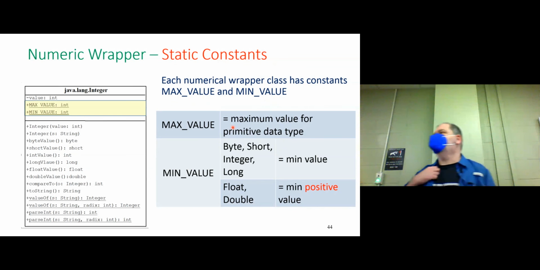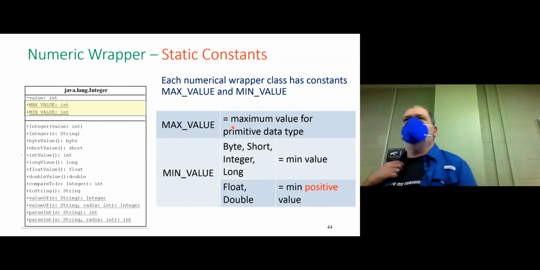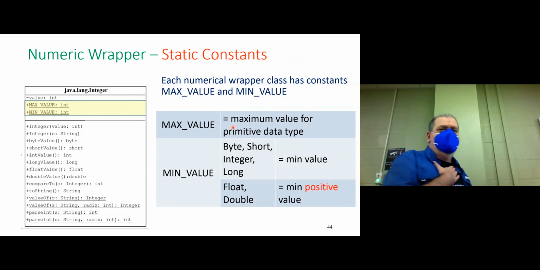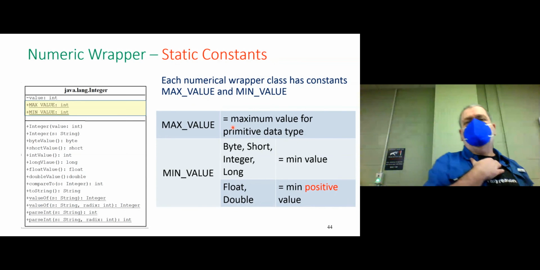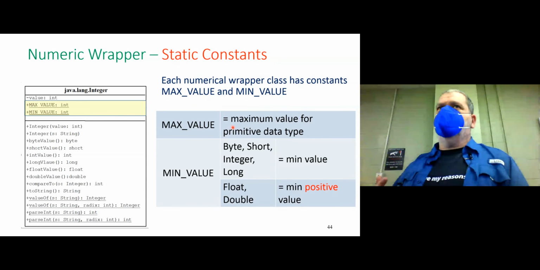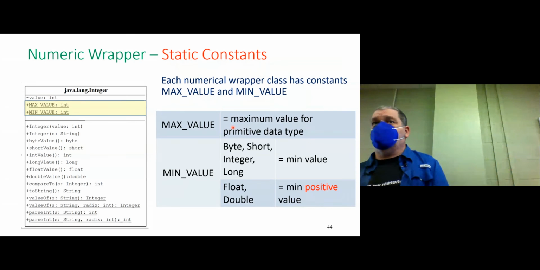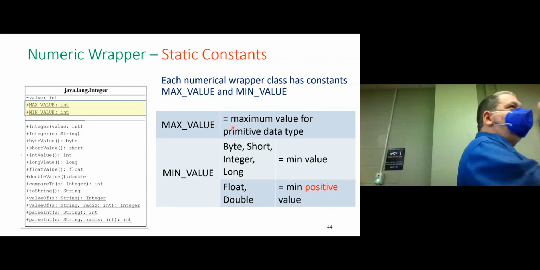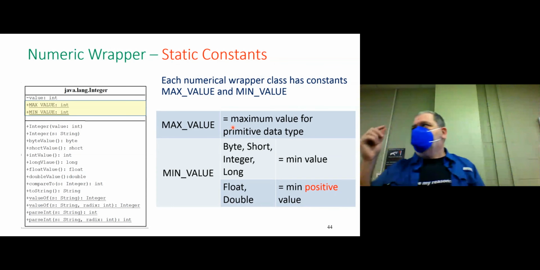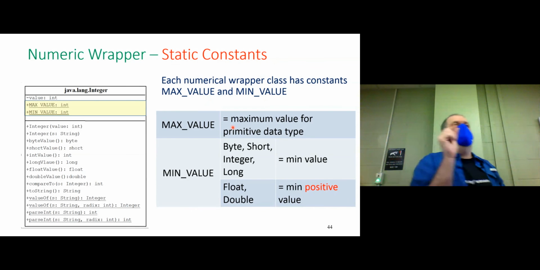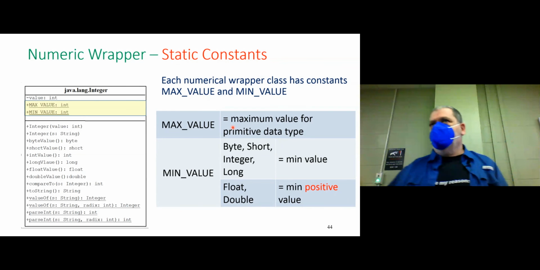So it's going to be minus, let's say, I don't remember if they are 32-bit or whatever, but minus 32,000, something like that, maybe? All right. So that's intuitive. And then what about the float and double? Well, for the float and double, it's the smallest positive value. So it's not actually the smallest value that we can represent. It's the smallest positive value. What is the smallest fraction of a number that you can represent with a float? And what is the smallest fraction of a number you can represent with a double?